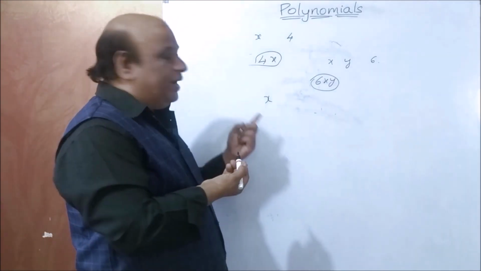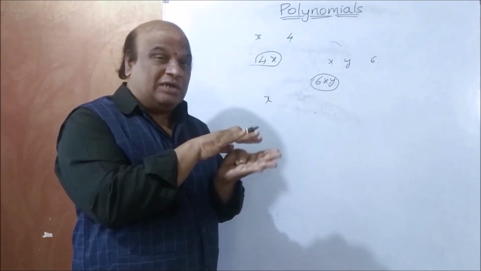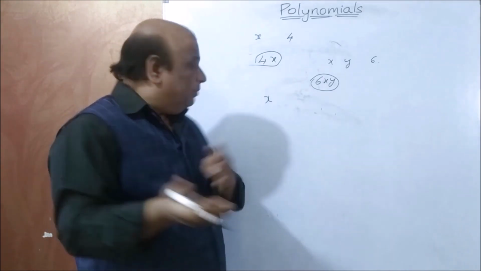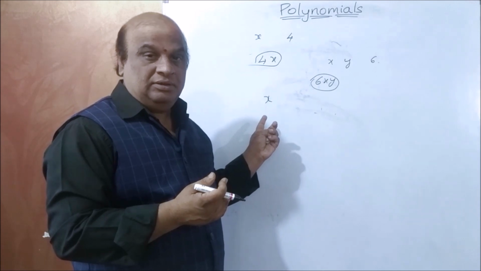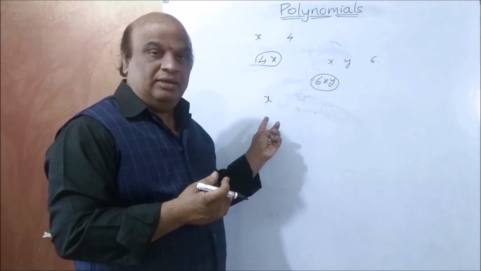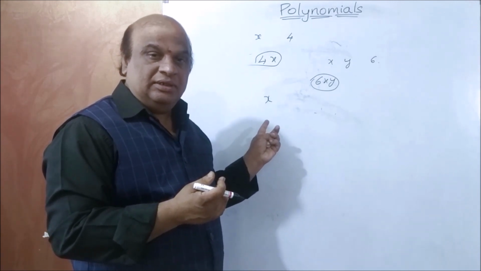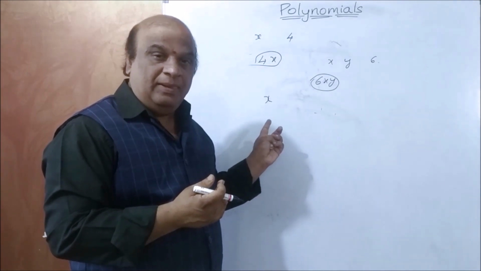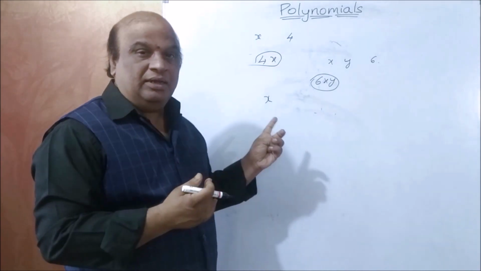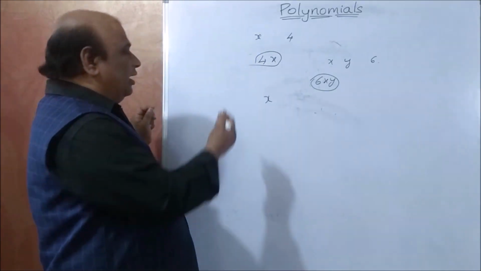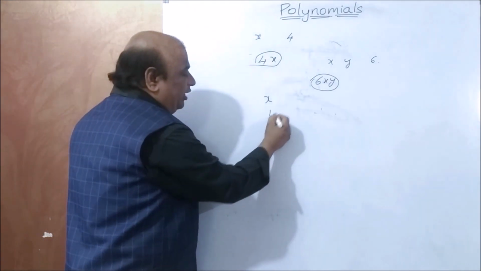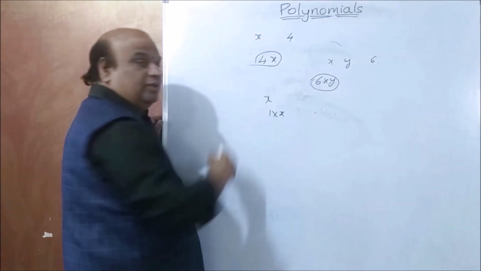I just explained the product of constant and variable, but here there are no constants. Is it right? x is not having a constant number. Is it correct? Wrong. Here already it is 1 into x.